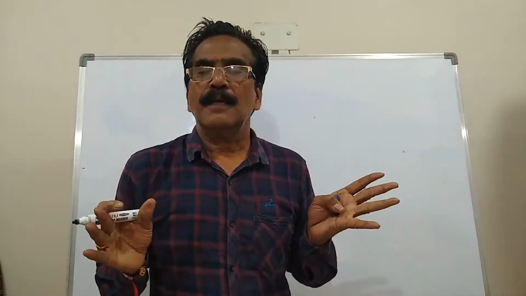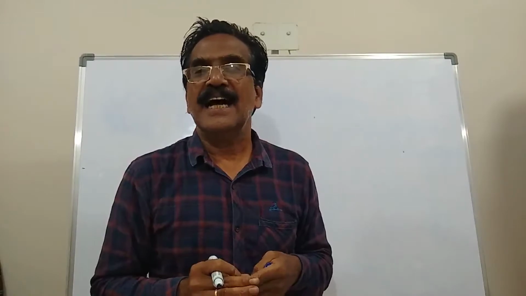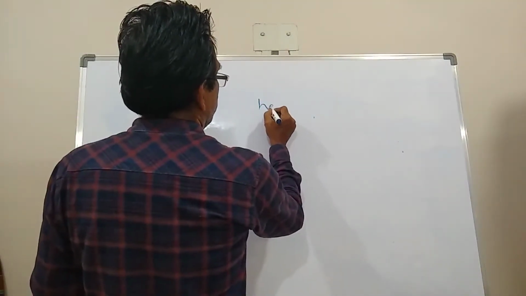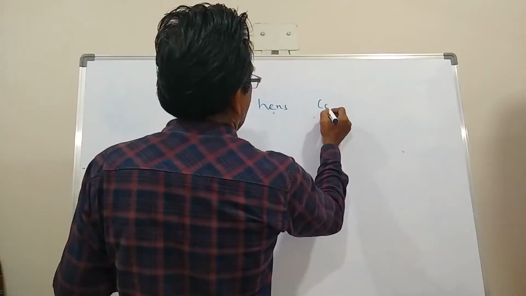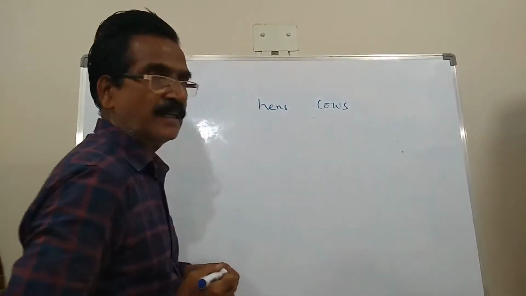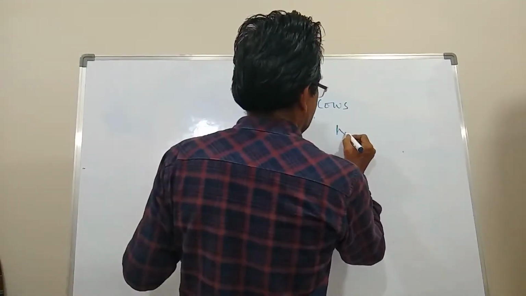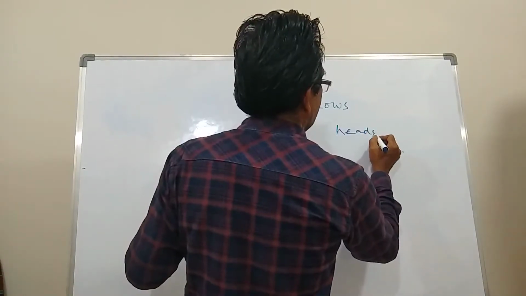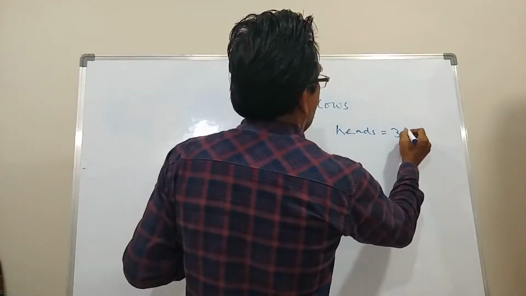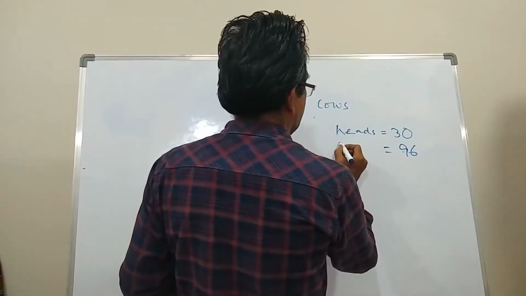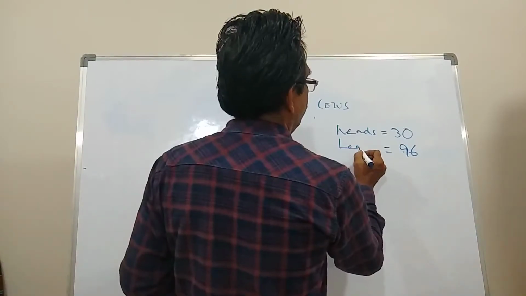Next problem friends, in a group of hens and cows, there are 30 heads and 96 legs or feet.